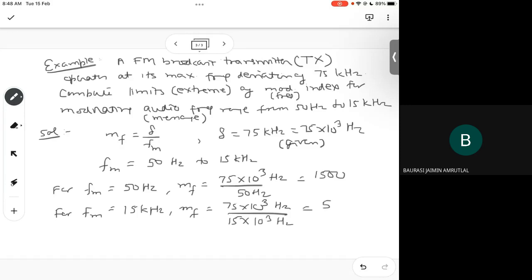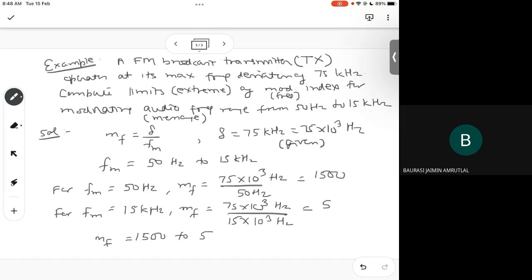So obviously my modulation index varies between 5 and 1500, or I would say 1500 to 5, because that is the way we should speak, as 1500 corresponds to the lower fm frequency of 50 hertz. So it can't be from 0 to 1. It can have a value of 1500 or so. This is the typical broadcasting station we use.